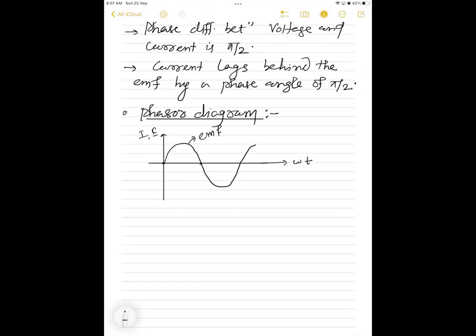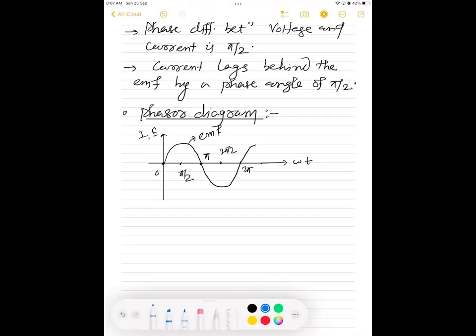And you know this is 0, this is pi by 2, this is pi, this is 3 pi by 2, and this is 2 pi, right? So current lags means it will start later, correct? At pi by 2 it will start.